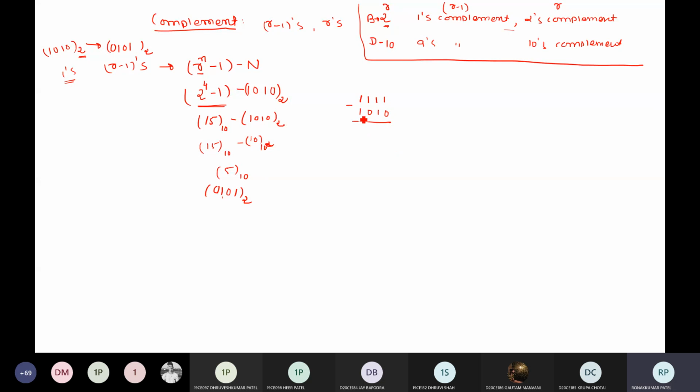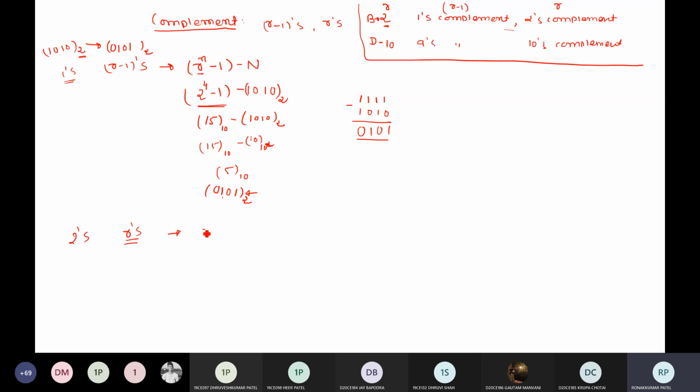So if you subtract this, let's do it. 1 minus 0 is 1. 1 minus 1 is 0. 1 minus 0 is 1. 1 minus 1 is 0. So you will get directly this, 0 1 0 1. So this is one's complement, right? Now the equation for r's complement.